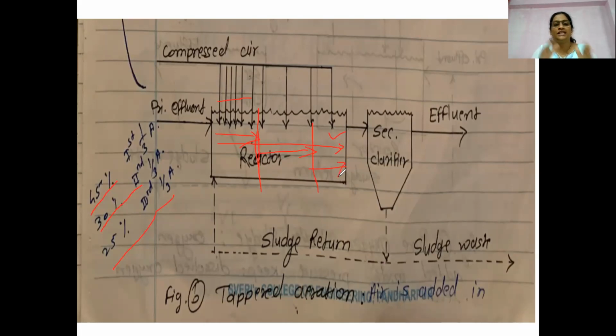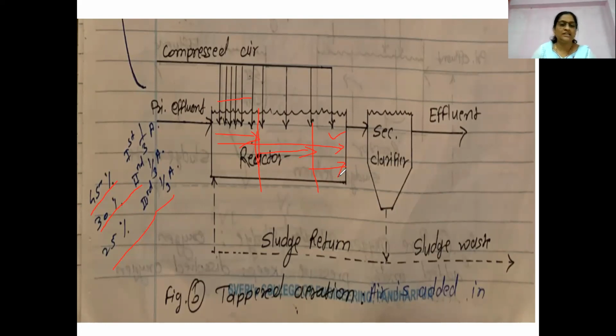So this way we are tapering the air, and we are trying to match demand and supply. The outcome is the same for everything. What is the outcome? We want to reduce the degradation time, and we want to reduce the cost. In a conventional activated sludge process, we provide sludge at one spot, but aeration throughout the reactor is the same.